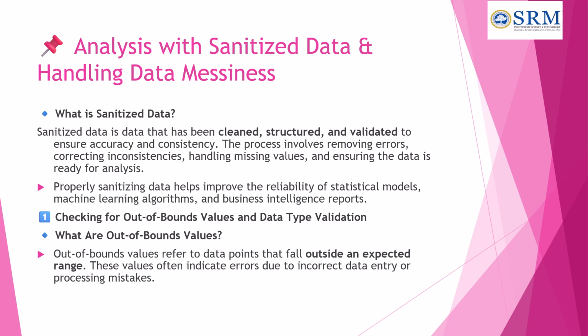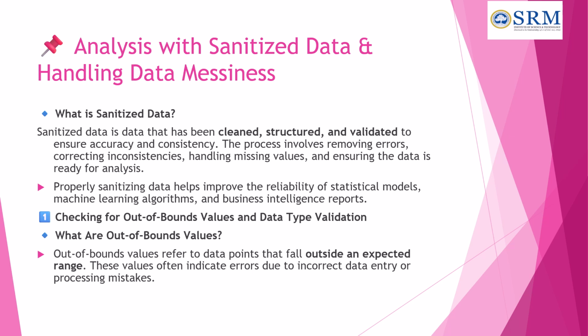Sanitized data is data that has been carefully cleaned and checked to make sure it is accurate, consistent, and ready for analysis. This process includes fixing errors, handling missing information, and making sure all data fits the right formats and rules. Sanitizing data is important because it helps to ensure that any models or reports we create from the data are reliable and trustworthy.